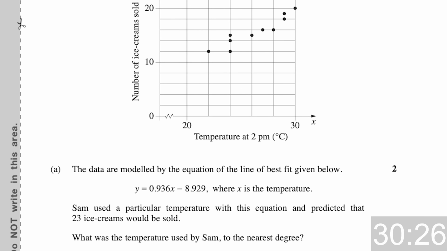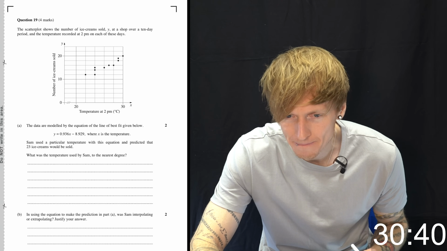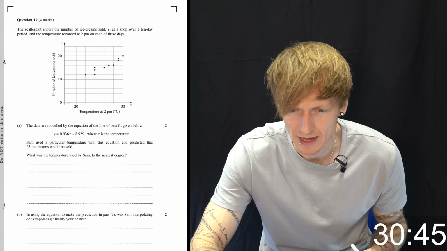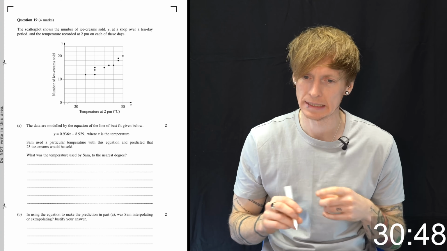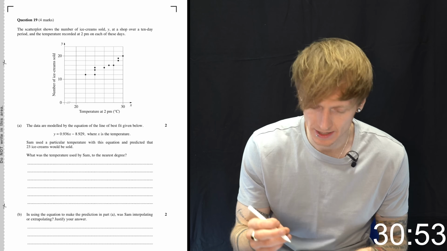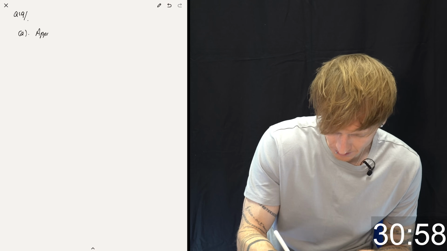Anyway, now what we're doing here, we're doing ice creams versus temperature. Sam used a particular temperature with this equation and predicted that 23 ice creams would be sold. Okay, what was the temperature used by Sam to the nearest degree? Okay, so we're drawing a line of best fit. Fantastic. Sure. So he's going through 9, and it's approximately 1. Okay. So I think as an approximate model, what would the approximate model be?